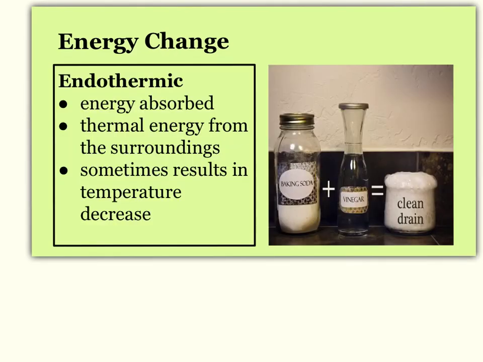An endothermic reaction is another example of energy change that indicates a chemical reaction has taken place. It's the opposite of exothermic. It's actually absorbing energy from the surroundings, typically thermal energy, so you'll have a decrease in temperature. One example is baking soda, which is a base, and vinegar, which is an acid.